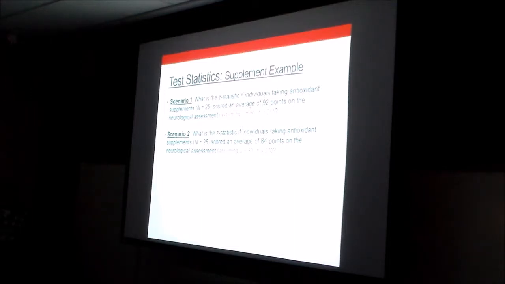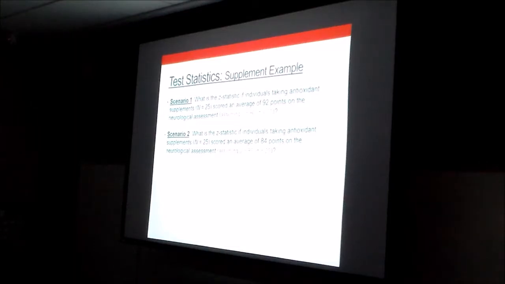Remember, and this is easier to do if you're sitting down and writing things out, you want to make sure you're providing a good conceptual interpretation and identifying things as a population parameter. I might say that based on my data, the range of plausible values for the average score on this cognitive test in the population of individuals taking these supplements ranges anywhere from about 84 to close to 100 points.